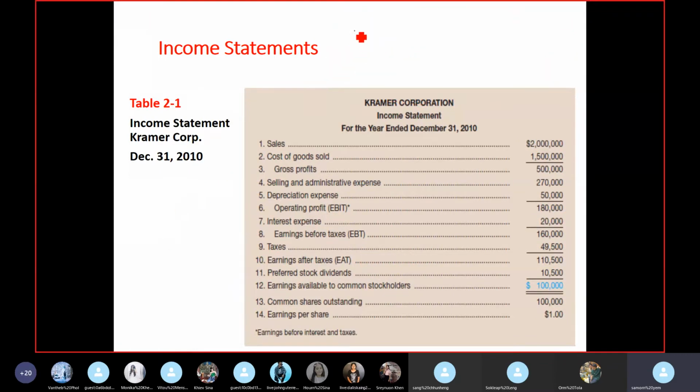Security includes bonds and stock. When you talk about stock, there is preferred stock and common stock.